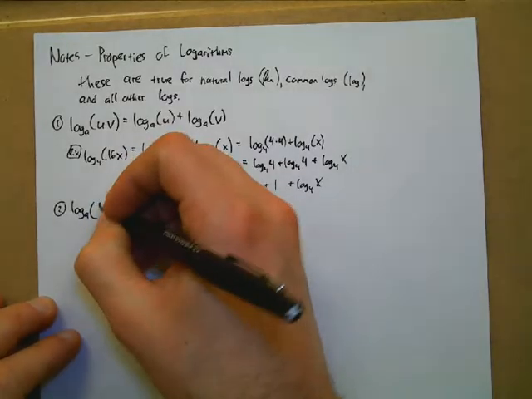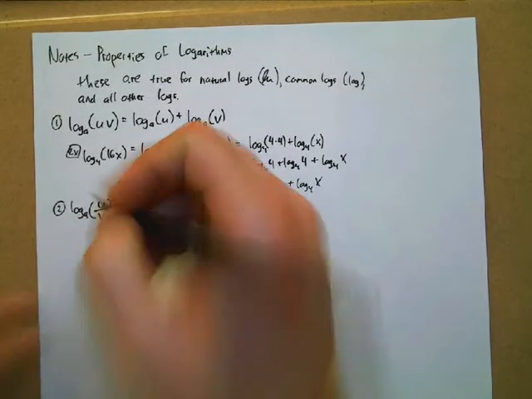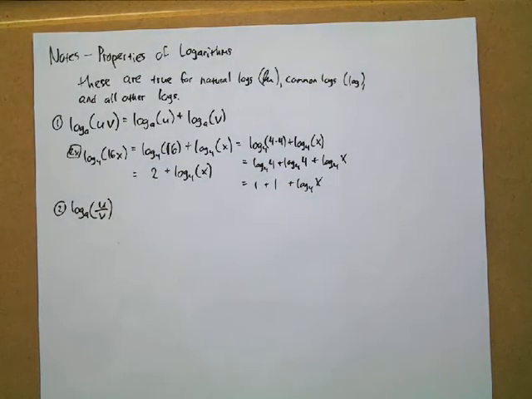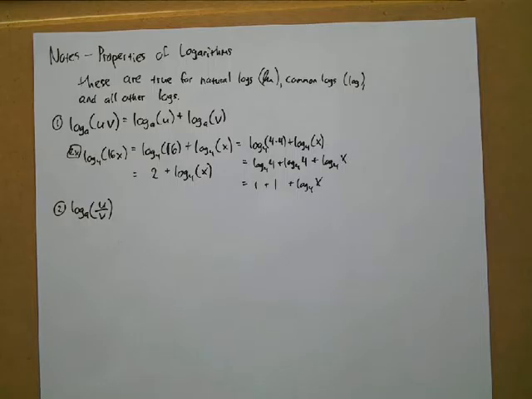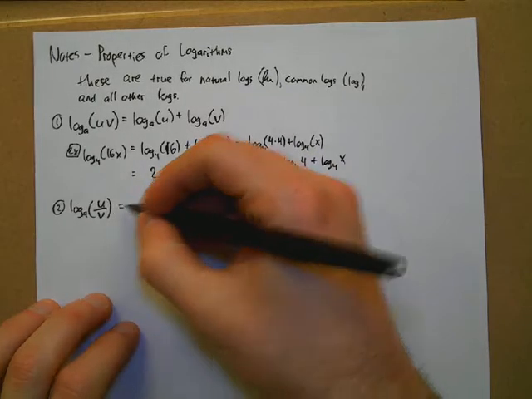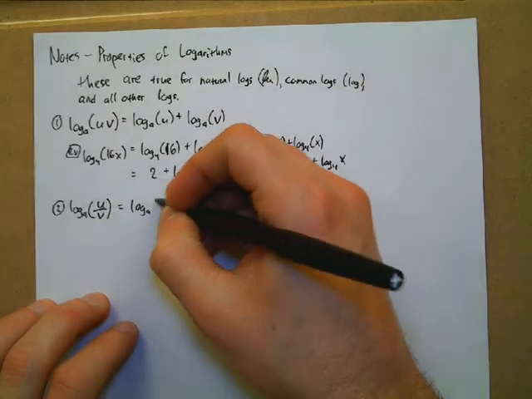Log base A of u over v. Okay. So if multiplication inside a logarithm translated to addition between the two logarithms, what do you think division will become? Subtraction. Oh my gosh, that's right. Mind blown.